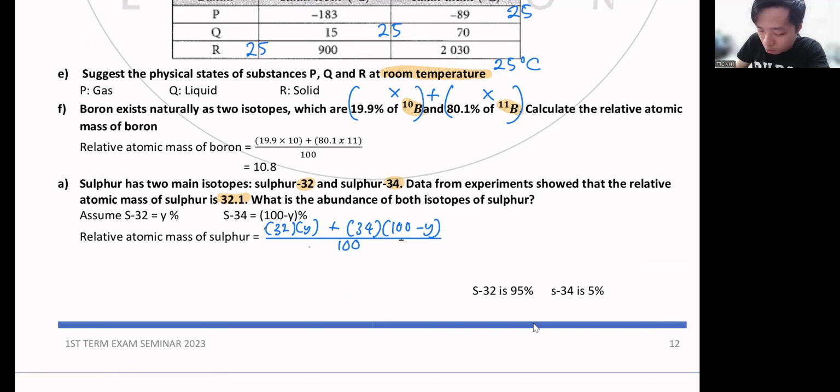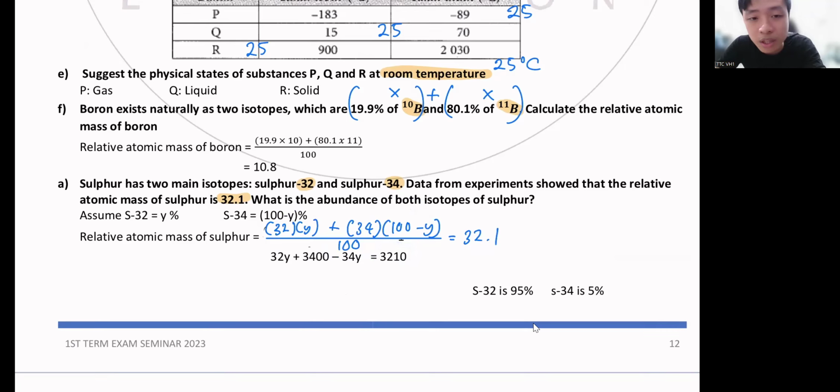Now, the total is how much? The total is 32.1. So you open up the bracket and you get 32.1 times 100, which is 3210. Then 34 times 100 is 3400, then you have 34Y, so you minus 34Y. Then the 100, you move to the other side, so it becomes times 100, and you get 3210.